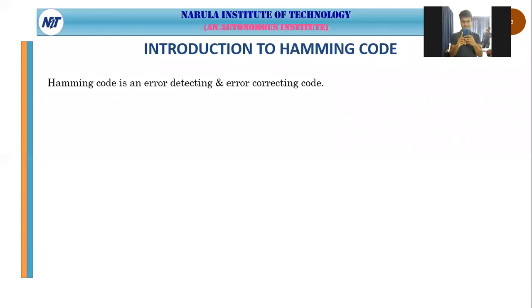Parity code. Yes, good. Parity code is only an error detecting code, but parity will not correct any error in the code word. So parity is only the error detecting code. But the Hamming code is a single bit error detecting as well as error correcting code.